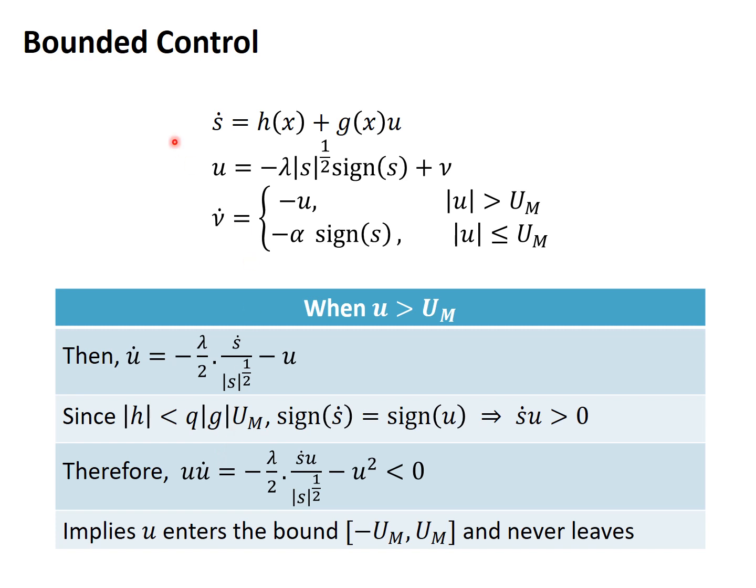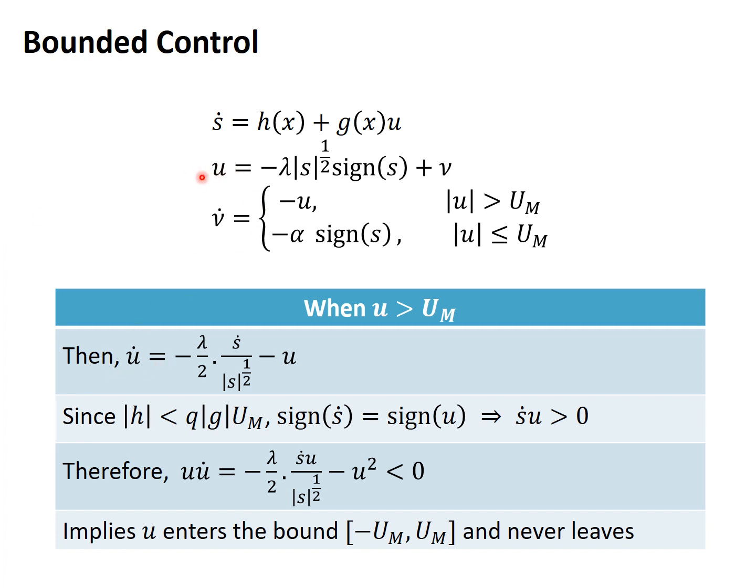Now go ahead. The first thing we will prove is that we have bounded control. Wherever we start from, the control will always come inside the bound capital U M. So, this is what we prove here. Suppose U is greater than U capital M for starting, then what will be U dot?